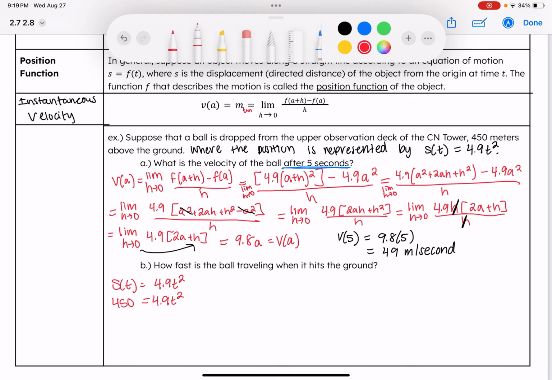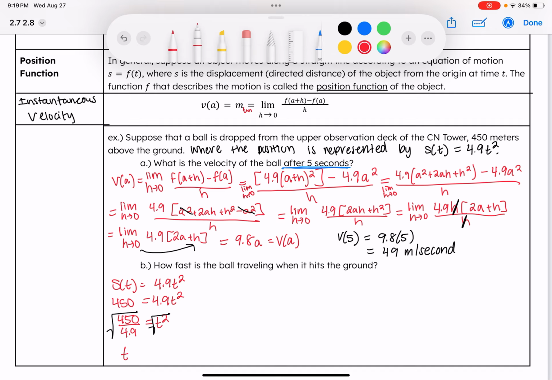Okay, when I solve for this, I'm going to do 450 divided by 4.9. That does not work out nicely. I'm going to leave that as a fraction. That equals t squared. To get rid of my exponent, I'm going to take the square root of both sides. But when you take the square root, you always have to account for your negative square root. But in this case, t is talking about time, so I don't care about the negative.